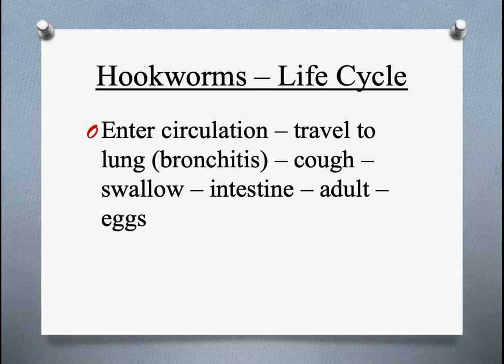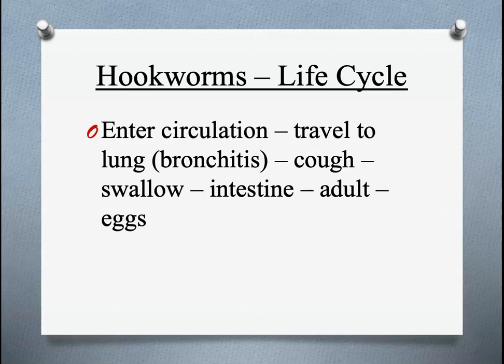So we have a filariform larva that has penetrated skin. It enters the blood circulation, travels to the lungs, gets coughed up, swallowed, and lands back in the intestines. It was never there in the first place.